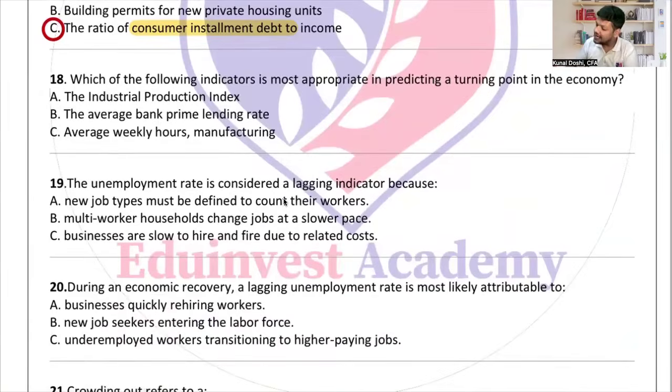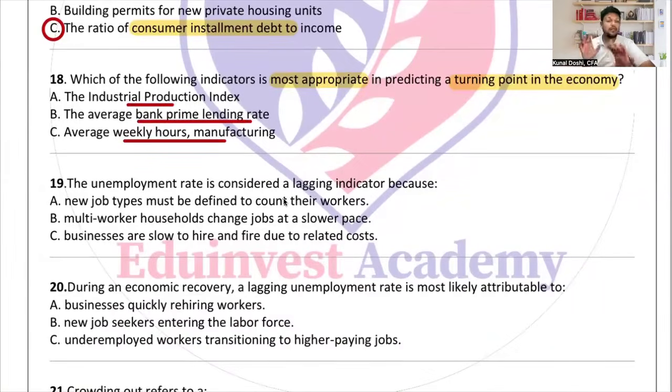Which of the following indicators is most appropriate in predicting a turning point in the economy? Turning point in the economy. The industrial production index, average bank prime lending rate, average weekly hours manufacturing.